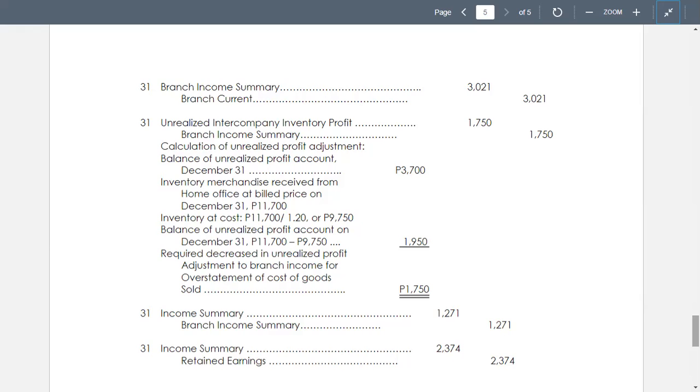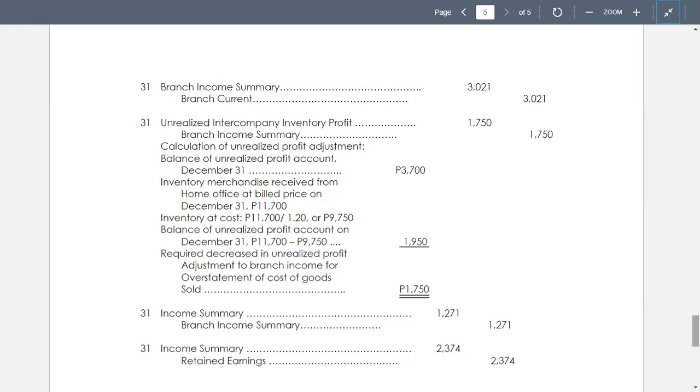We now debit to income summary for 1,271 and credit to branch income summary. So branch income summary is finally closed at 1,271. So finally, we now debit to income summary 2,374 and credit to retained earnings. That's for the combined income of both parties.